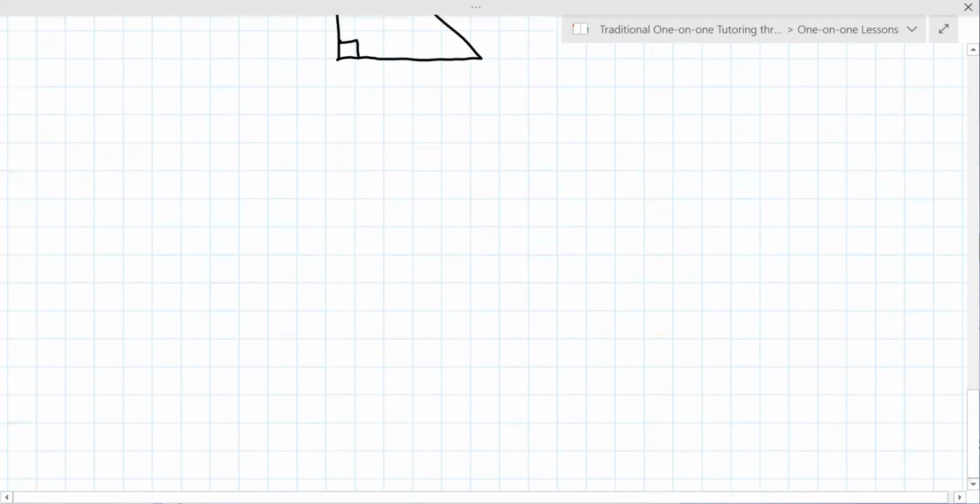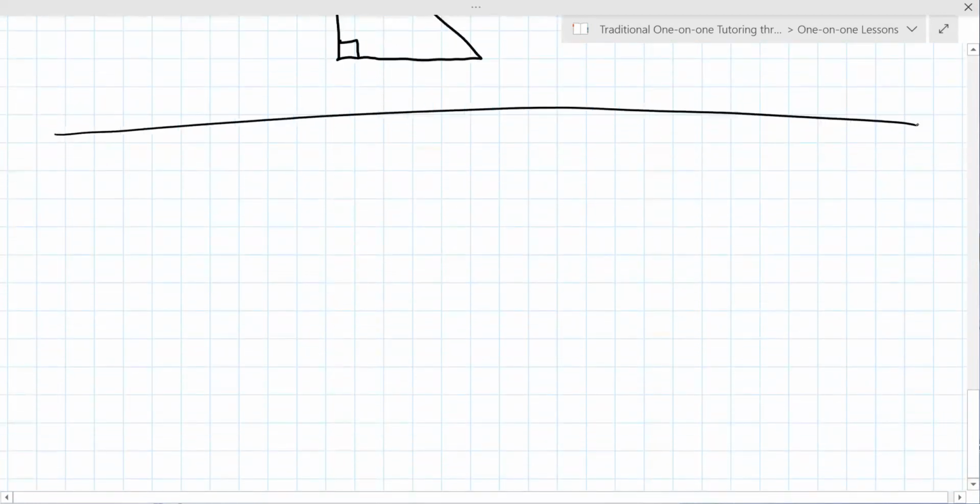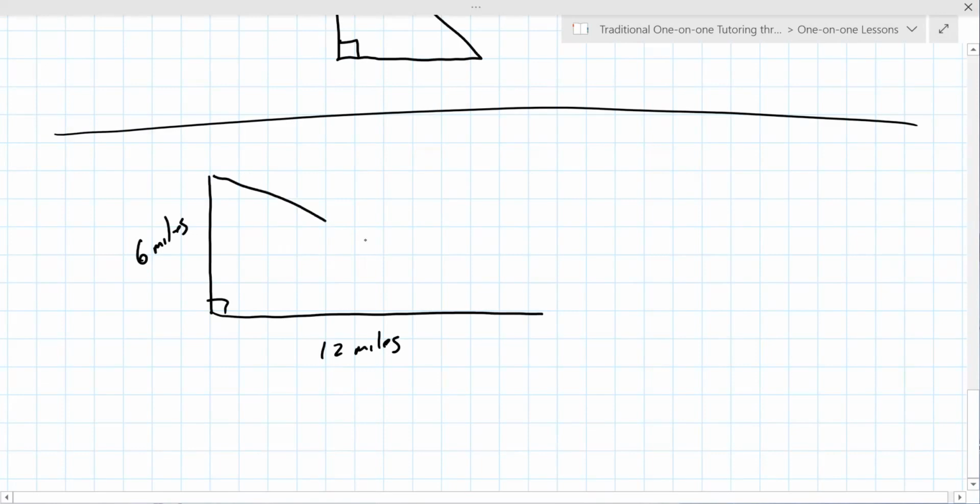Sure. Now let me change these up slightly. Let me add some units. Okay, so we just bought a plot of land. This is 6 miles, and this is 12 miles. And we want to know the area of this triangle land that we just bought. Oh, okay.